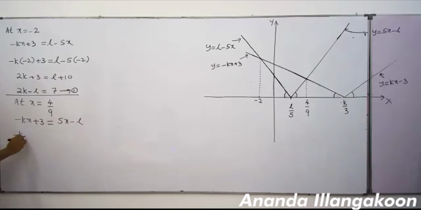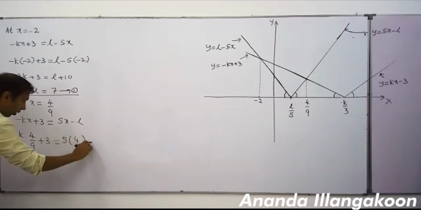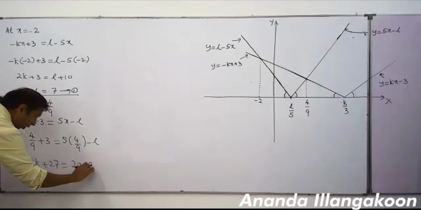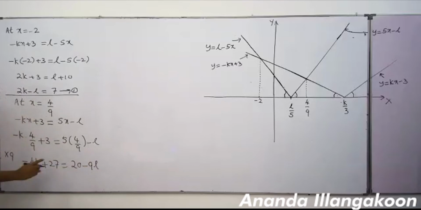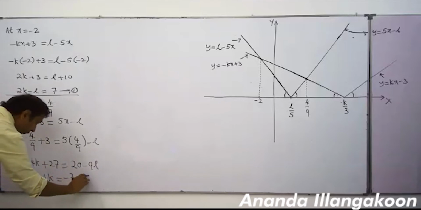Minus k times 4 by 9 plus 3 equals 5 times 4 by 9 minus L. Right, we'll multiply this by 9: minus 4k plus 27 equals 20 minus 9L. Take 9L to this side, 9L minus 4k equals minus 7, number 2.